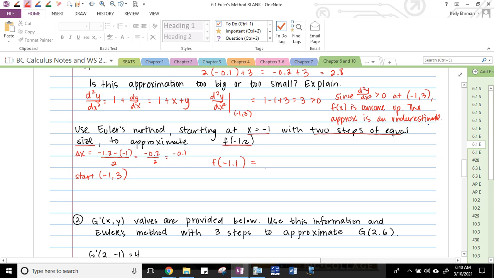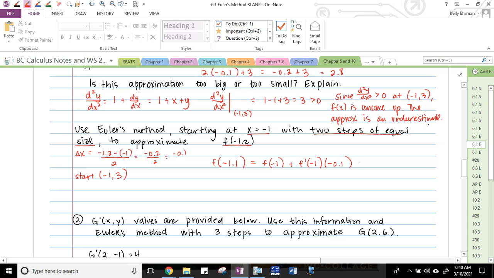The new y is equal to the old y, f of negative 1, the starting point, plus the slope at the old y, f prime of negative 1, times the step size, which is negative 0.1. And the negative matters: if that step is negative, keep it negative because we're stepping to the left.